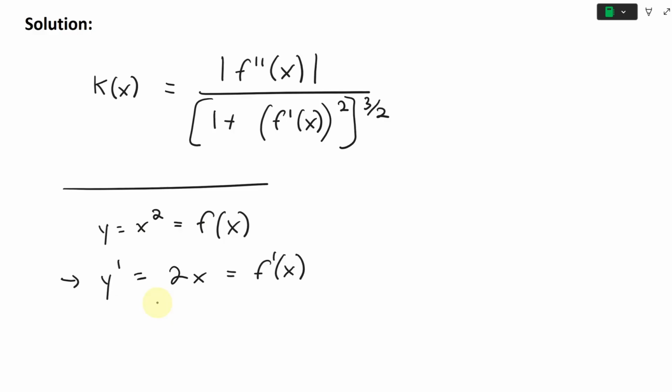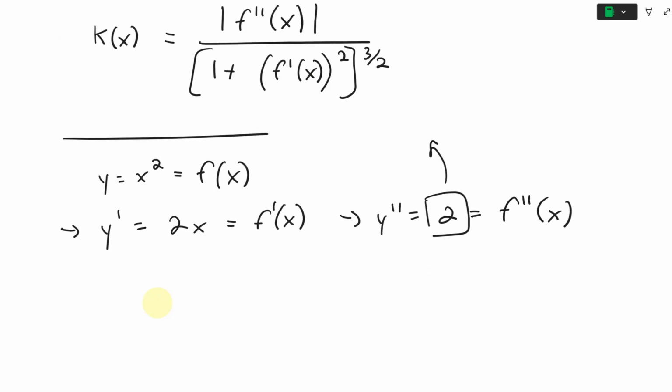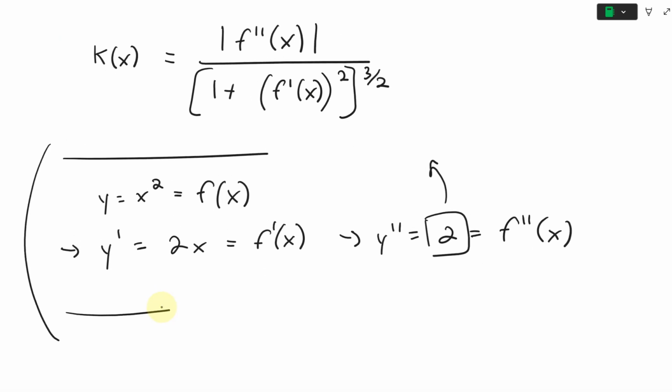Lastly, to take the second derivative, we get 2. That's our f double prime of x.